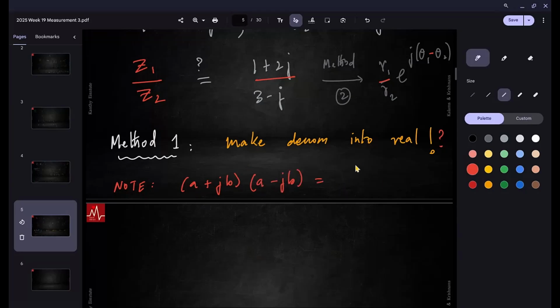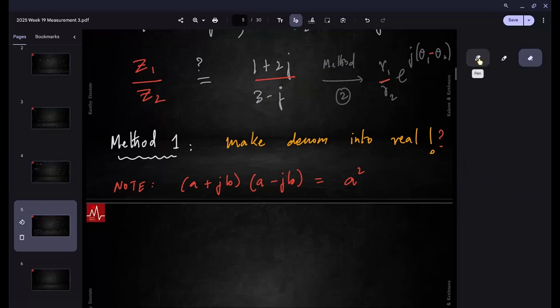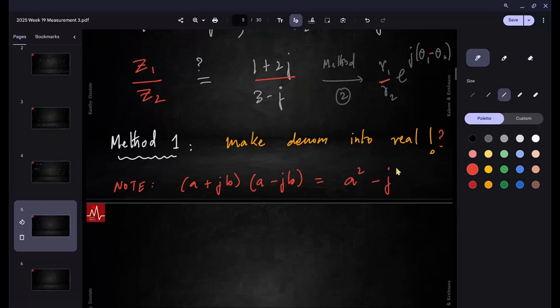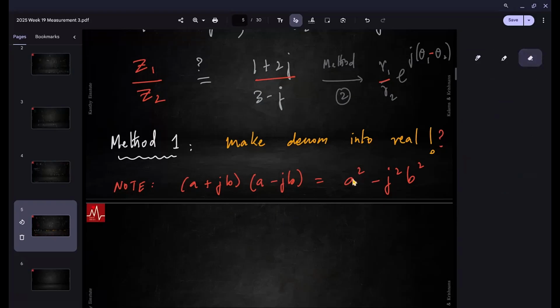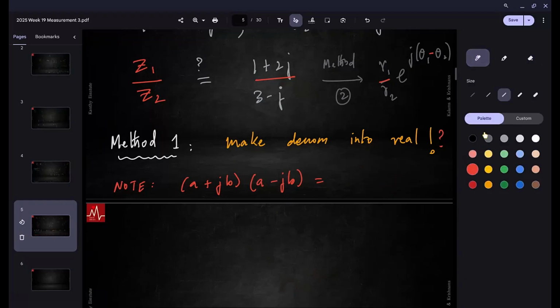But technically this is a square minus j square b square. For any complex number, if you do a plus jb into a minus jb, this is a square minus of jb square.